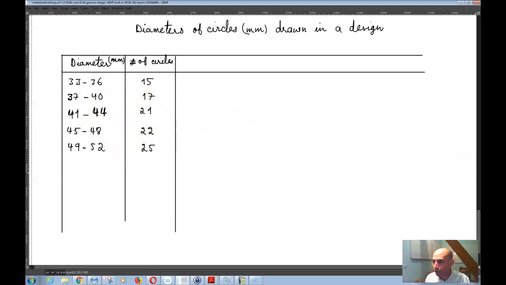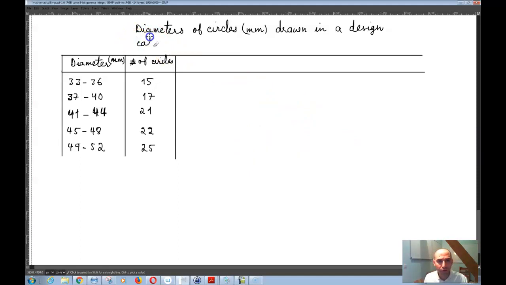Now what you want to do is calculate the standard deviation and mean diameter of the circles.